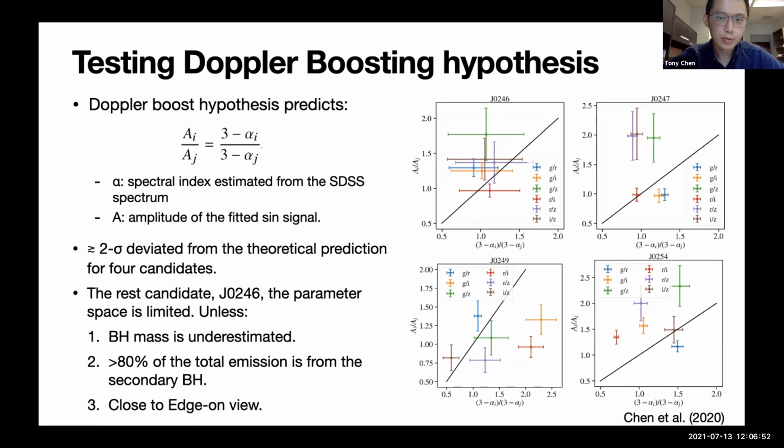So we can use our data to test if the amplitude deviates from the prediction. On the right, the colored points are from our data, and the black line is the prediction from the Doppler boosting.